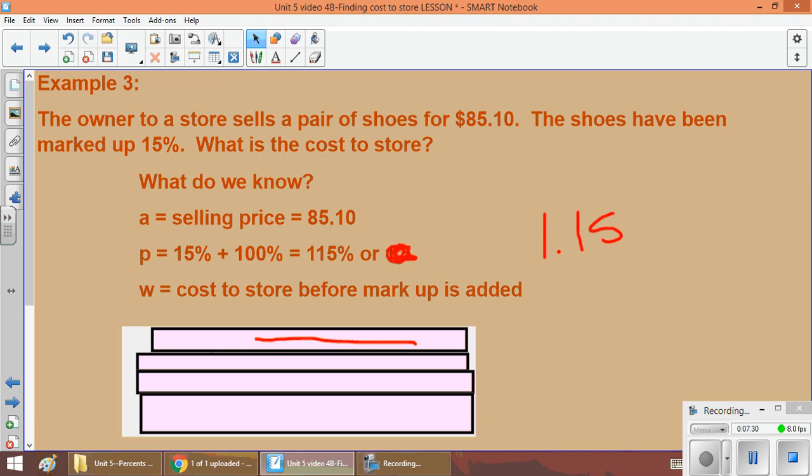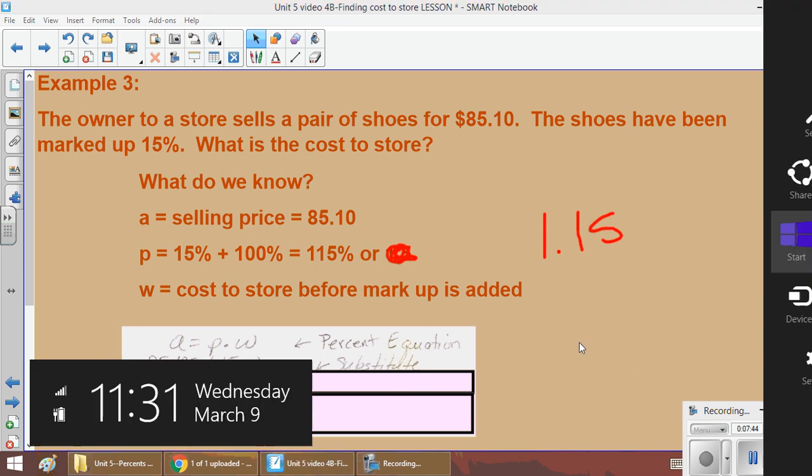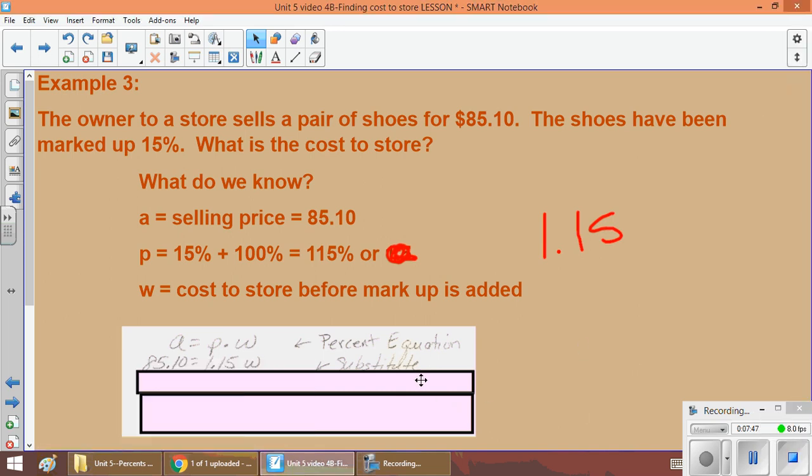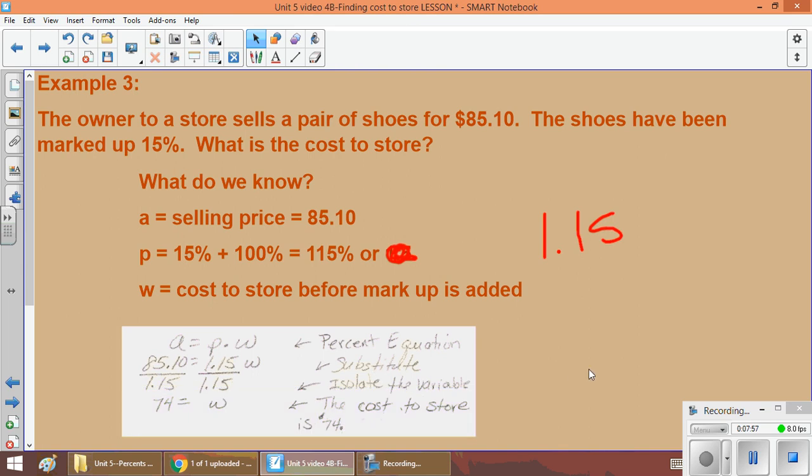So we use A equals P times W. 85.10 is our A, equals 1.15 W. Remember, we want to isolate W, so we divide both sides by 1.15. If you grab your calculator and divide the left side, you get $74. So the original cost to the store was $74 before the extra 15% was added on.